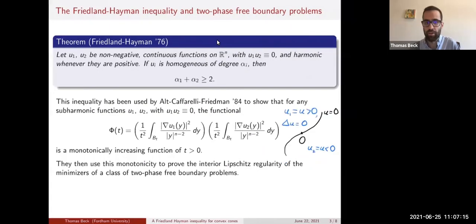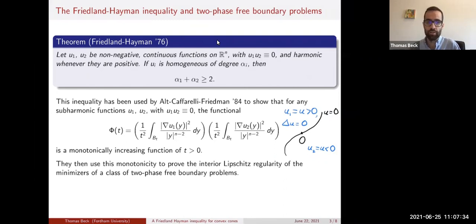It turns out that for the class of two-phase free boundary problems that they were looking at, the minimizer of this variational problem has precisely this structure, where it's harmonic in its two phases, where the minimizer is positive and negative, and then it's separated by what is called the free boundary, where the minimizer vanishes.